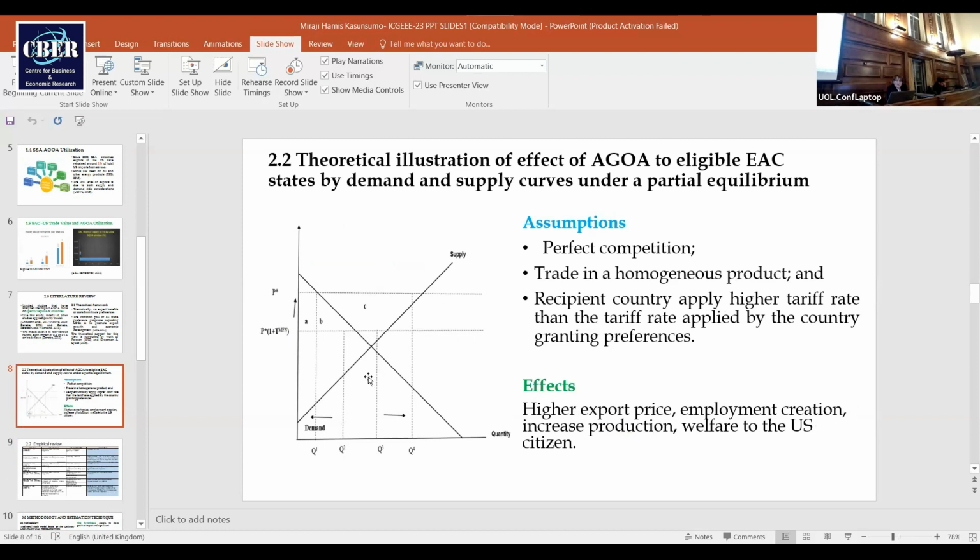But when AGOA was enacted in 2000, the price moved to P0, and the quantity supplied increased from Q1 to Q4. That means we expect high export and employment creation due to production to supply the USA market, so the welfare of producers and suppliers will increase, and the welfare of US citizens will be improved.